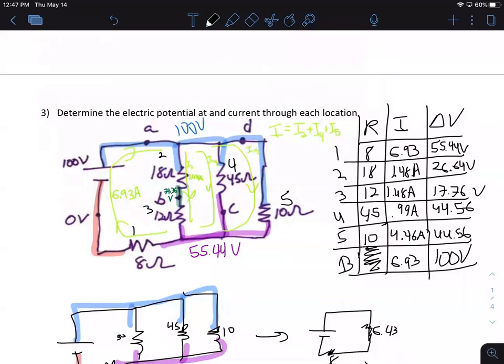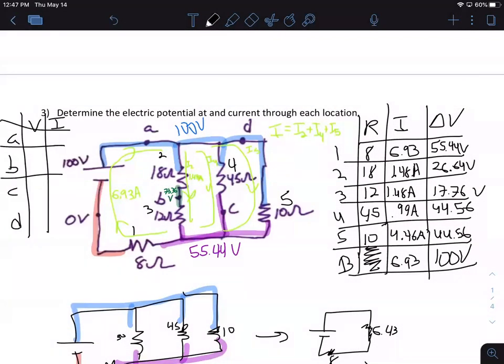All right, so we want to look at locations A, B, C, and D. And we want to know their electric potential and their current. So A, 100 volts, and it has the full current going through it, 6.93 amps.